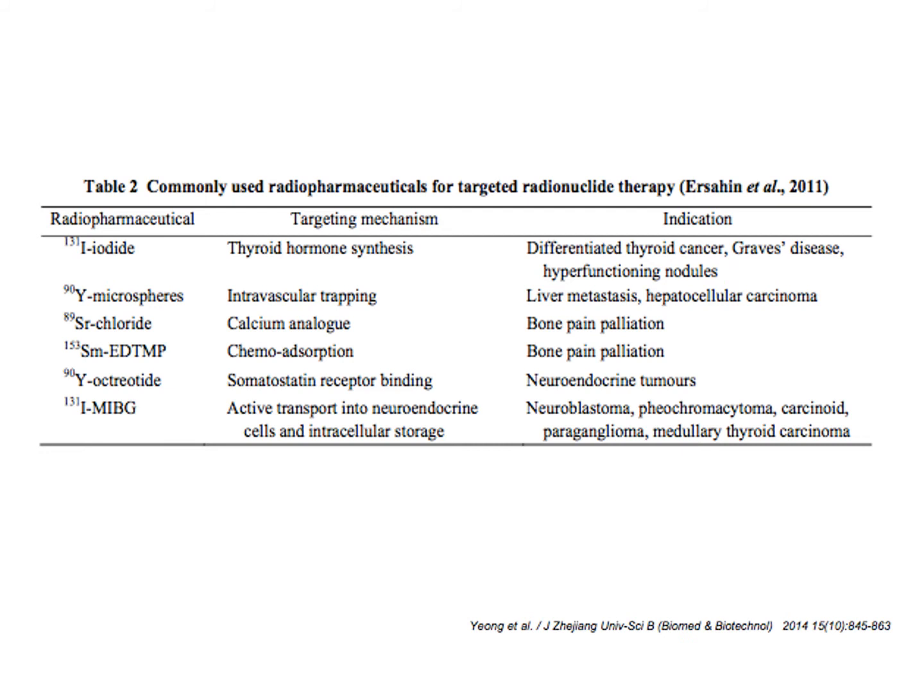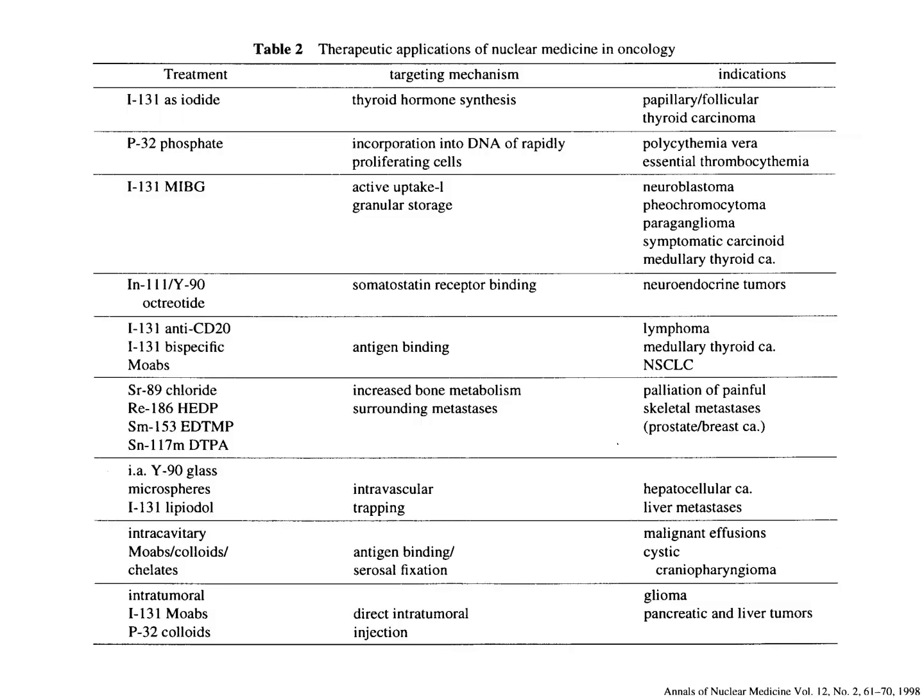And then iodine-131 MIBG, actively transported into the neuroendocrine cells with intracellular storage, for neuroblastoma, pheochromocytoma, carcinoid, paraganglioma, as well as medullary thyroid carcinoma.